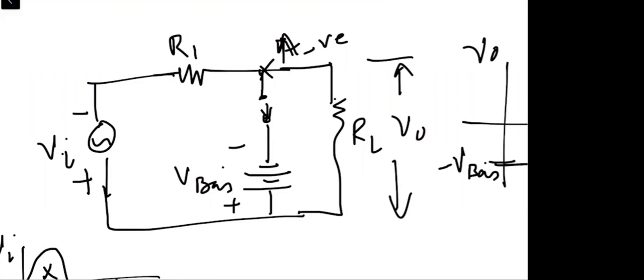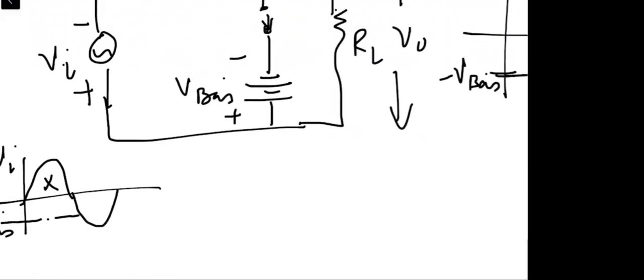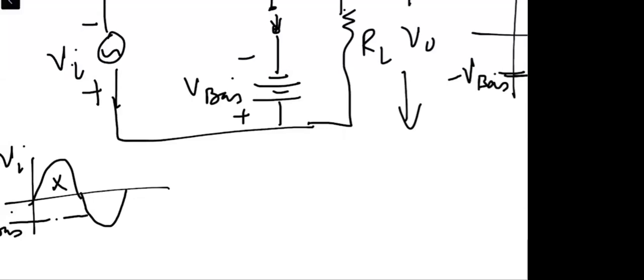So on this side of the line, the diode is in the on state, and once the input goes beyond V bias over here, the diode will go into the off state.